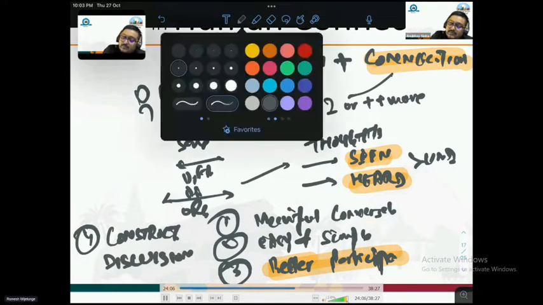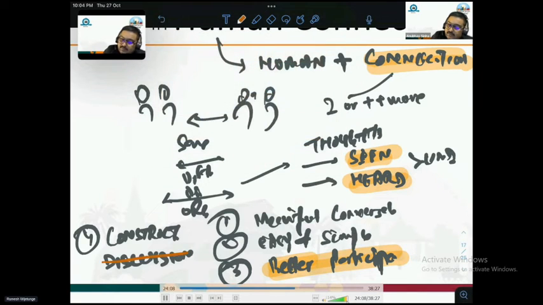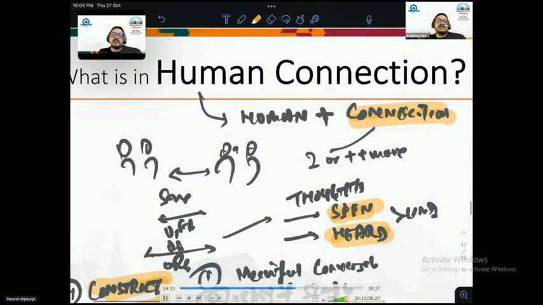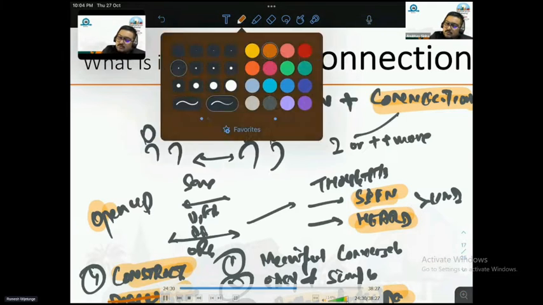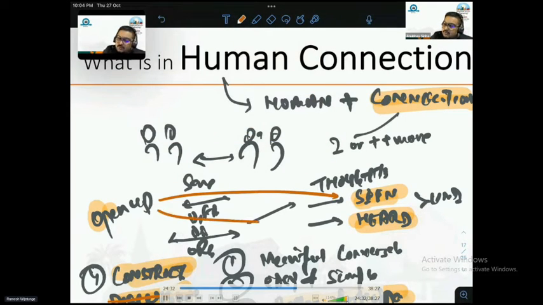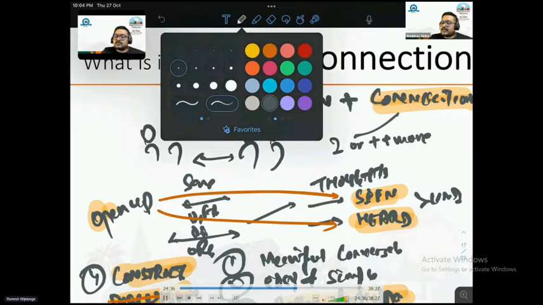How we can better utilize that time for making this a constructive discussion. This is human connection: how people will connect, what people will talk about, how they will share, how they are going to open up to talk, around these two words, seen and heard.